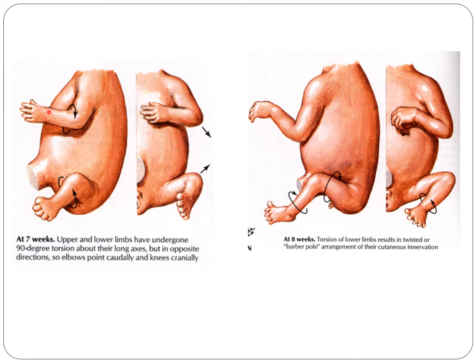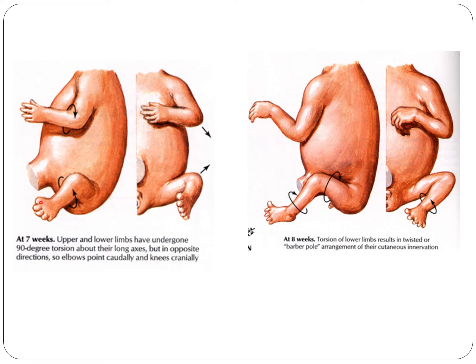So the thumb appears lateral and the little finger appears medial, and the flexor compartment is appearing on the anterior side. So our anterior compartment of the arm and forearm is flexor because of the rotation at the time of development. So the upper limb rotates laterally 90 degrees, and in the same way the lower limb rotates medially.